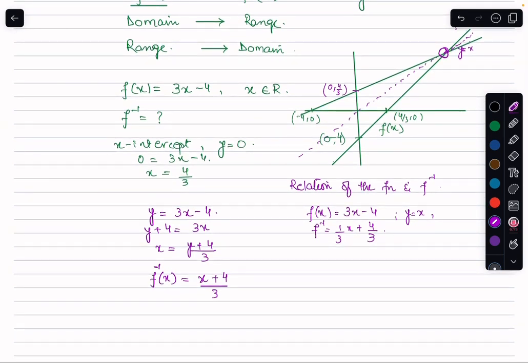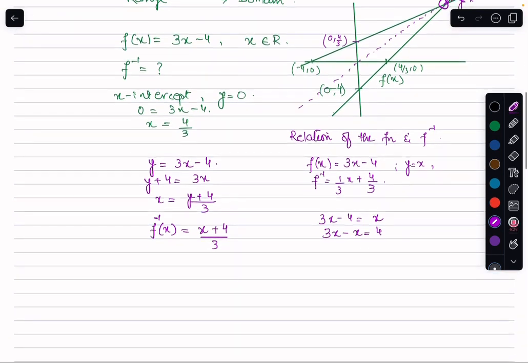The easiest method that I can see is to equate 3x minus 4 to y equals x and solve them simultaneously, so that I can say 3x minus x equals 4, or 2x equals 4, or x equals 2.